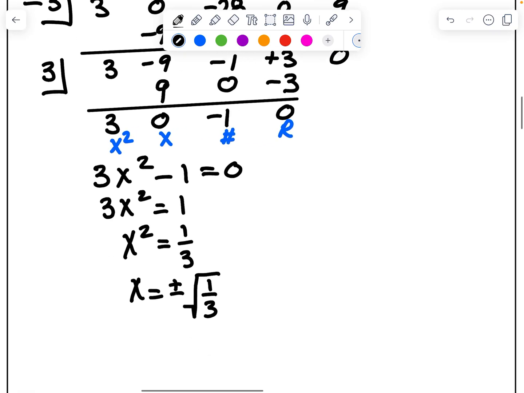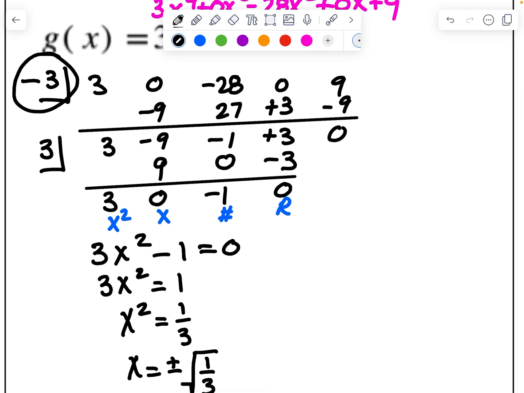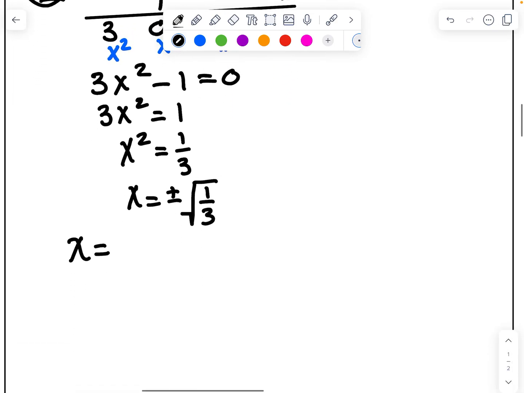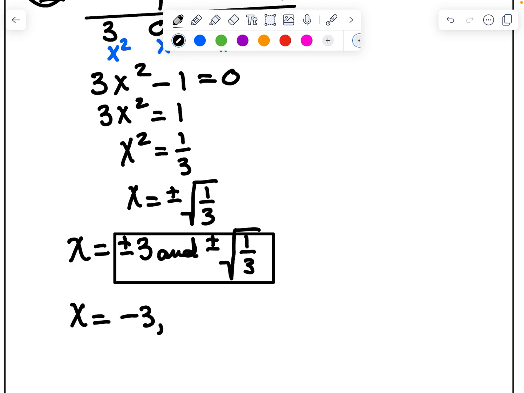Okay, so my answers in Canvas are x equals, let's not remember my first answers, negative 3 worked and 3 worked. So if I want, I can go plus minus 3 and plus minus the square root of 1/3 in a radical. If you don't want to write it that way in Canvas, Canvas should have that as an answer. I should have thought to put that in as an answer. The other way you could have written it is negative 3, comma, 3, and plus and minus the square root.